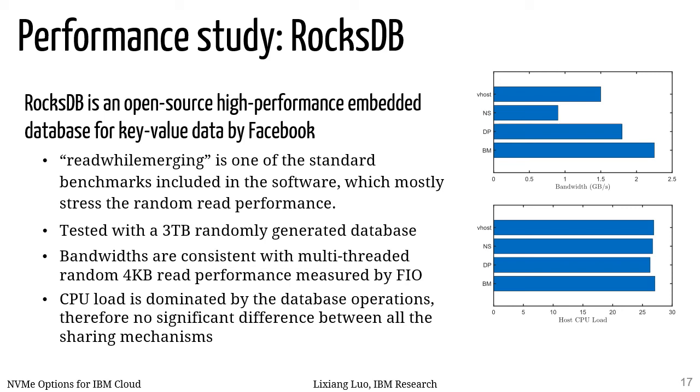It's tested with a 3 terabyte randomly generated database. The bandwidth we observe, as you can see in the figures, is consistent with multi-threaded random 4K read performance measured by FIO. CPU load is dominated by database operations, therefore no significant difference between all the sharing mechanisms.